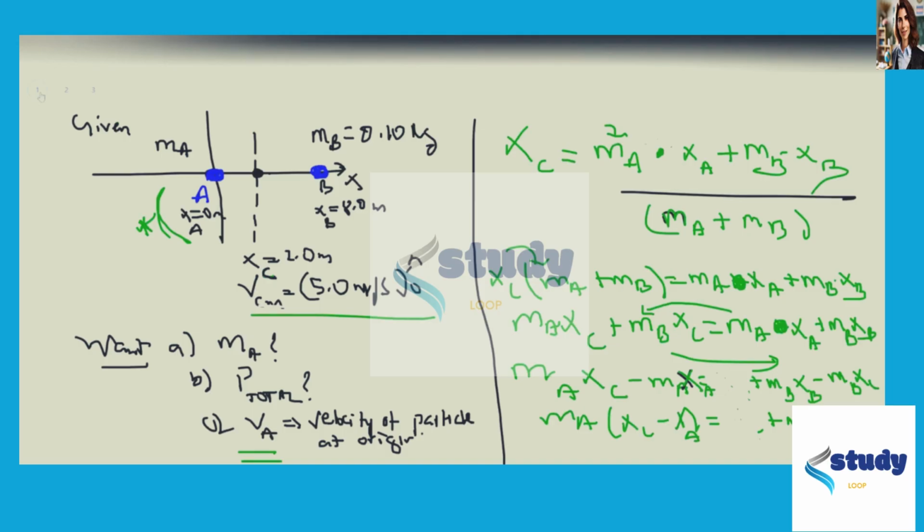Remember something else they said about the problem, and this was given. I think we should have mentioned that. The other particle is at rest, so that means we want to make sure that VB equals 0 meters per second. So you want to remember that. We just don't know what VA is, and that's what we're trying to find out.